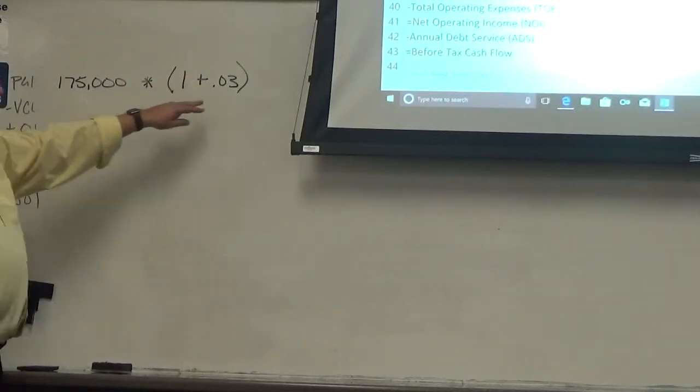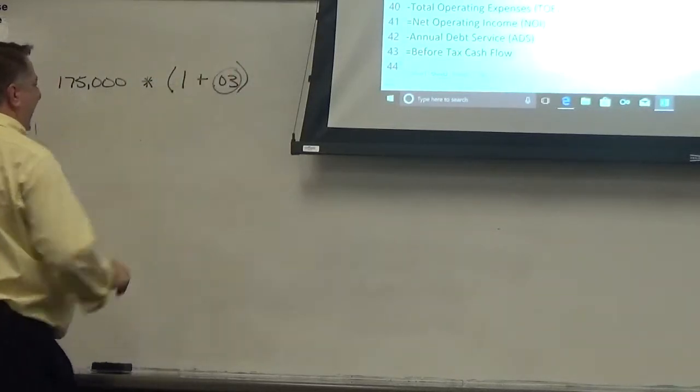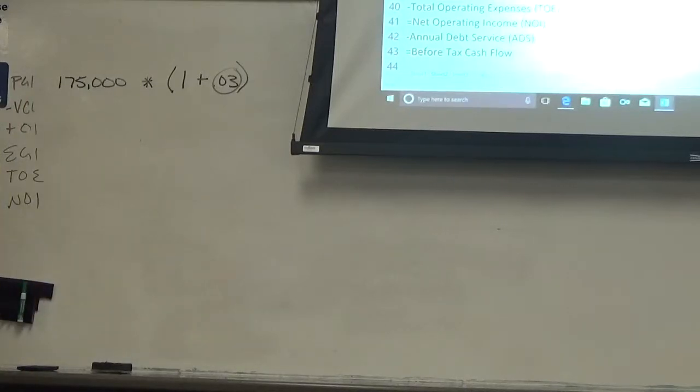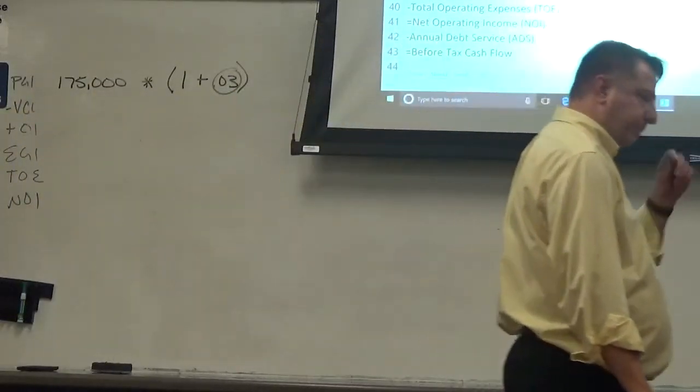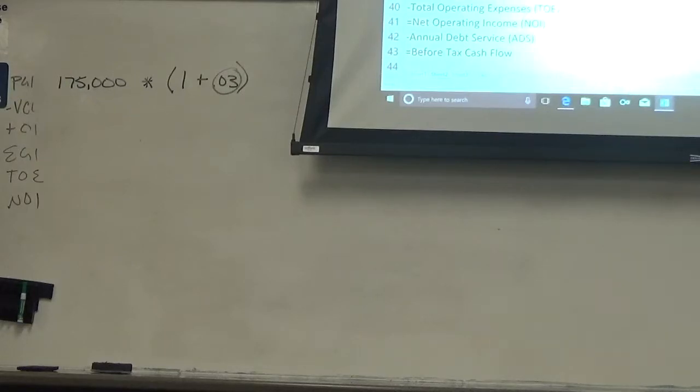But in this case, we want to cell reference that. We don't want to just hard-code it. So see if you can match up year 2 for the potential gross income by cell referencing. Don't hard-code it. In other words, what I'm asking you to calculate is year 2, the 180,250.